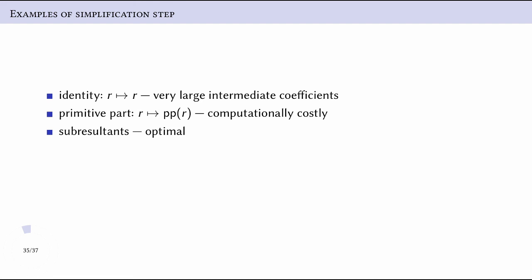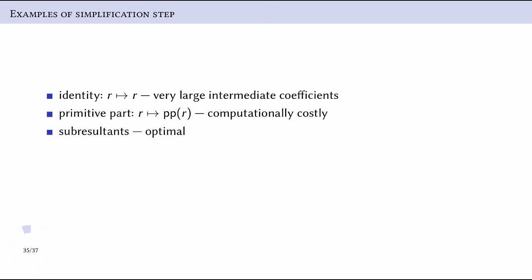First of all, we can omit this step altogether. We just take the identity, so we do not simplify at all. As we will see in a moment with an example, this produces very large intermediate coefficients.